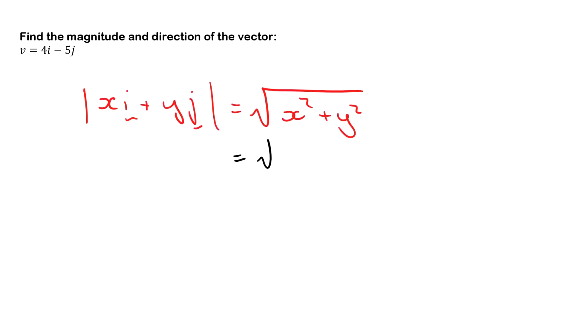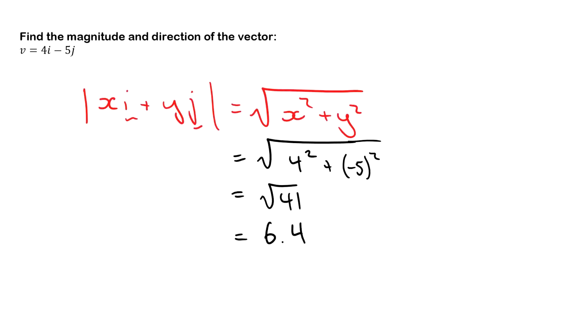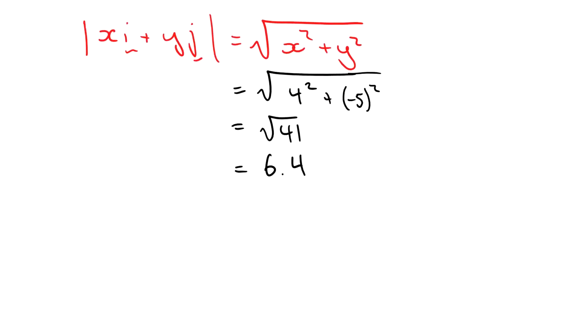In our case, that'll be 4 squared plus negative 5 squared, which equals root 41, or 6.4 approximately.